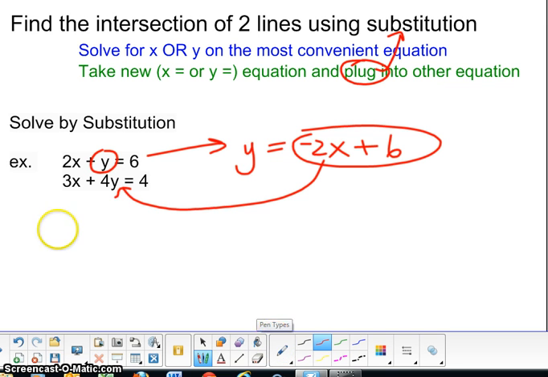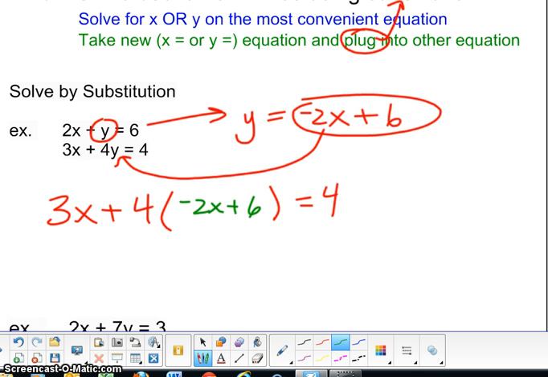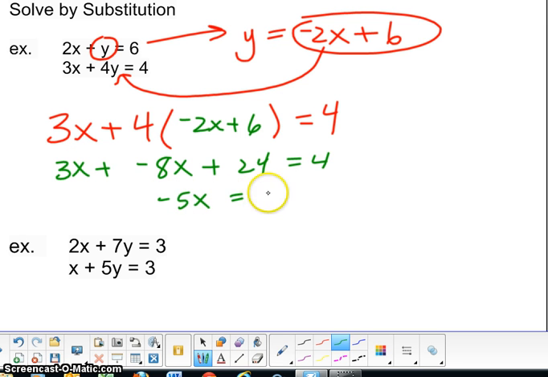So it would look like this: 3x plus the new negative 2x plus 6. So you're actually substituting it in. Now we have one variable, and we'll be able to solve. So 3x plus negative 8x plus 24 equals 4, and negative 5x equals negative 20, and x equals 4.